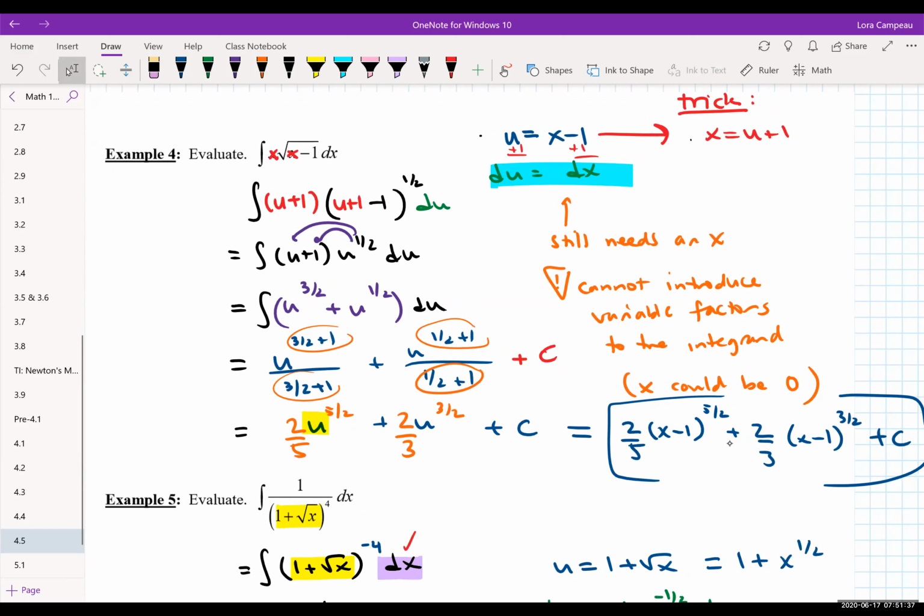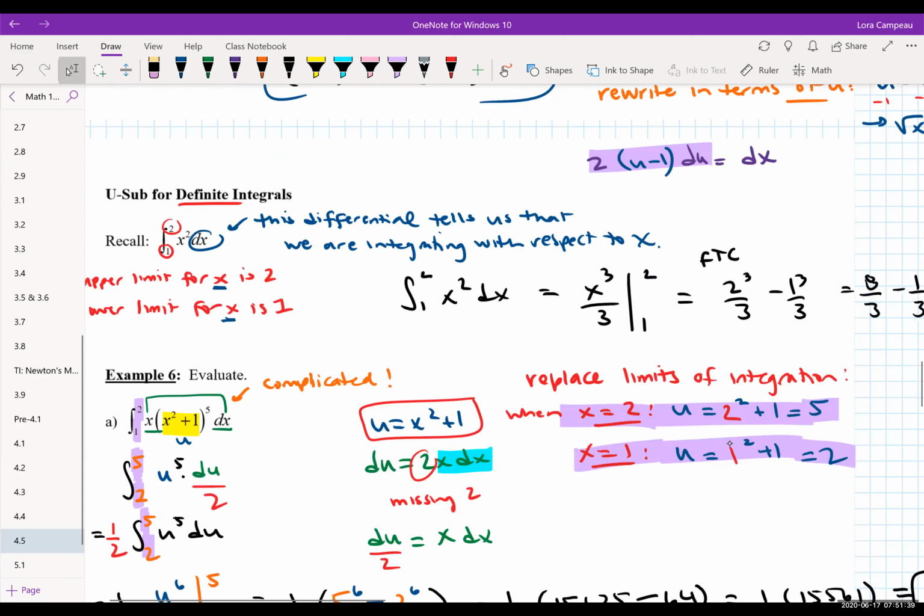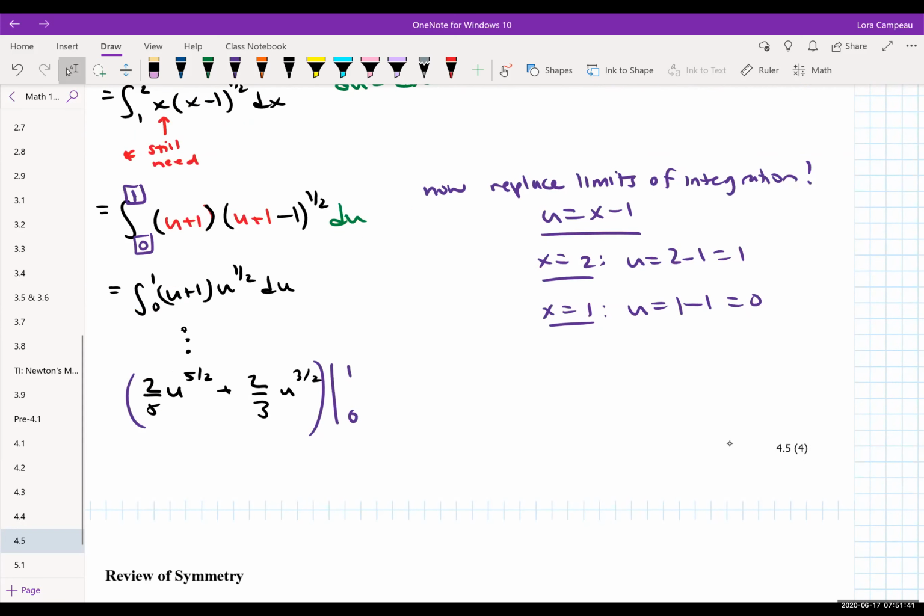So if we have this, what we're doing is we replace the u with the 1. So I have 2/5 times 1 to the 5/2. And that's nice. And then plus 2/3 times 1 to the 3/2. And we're noticing, oh, that's going to be nice in a second or so.